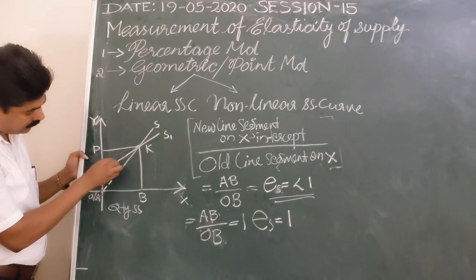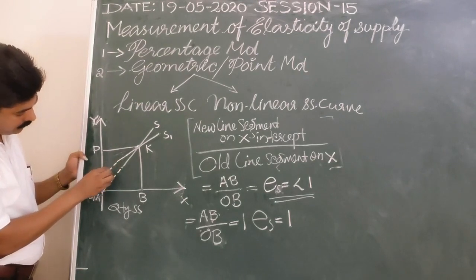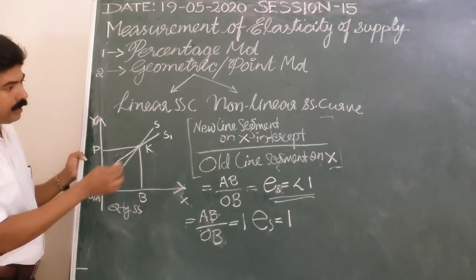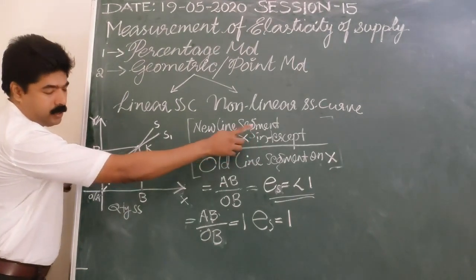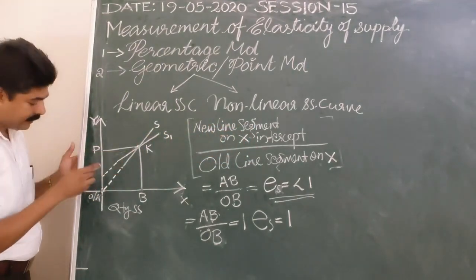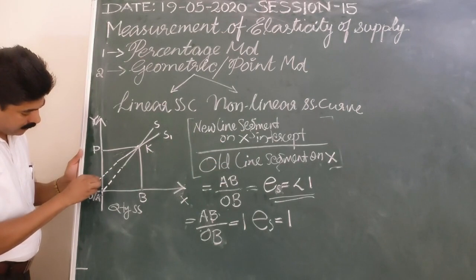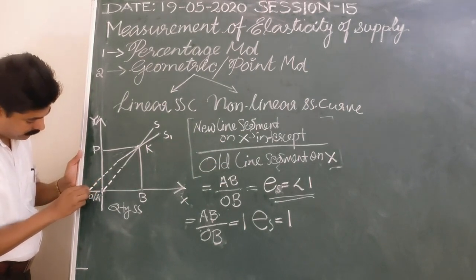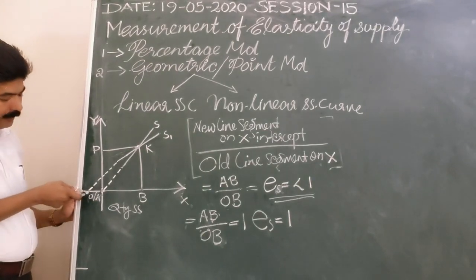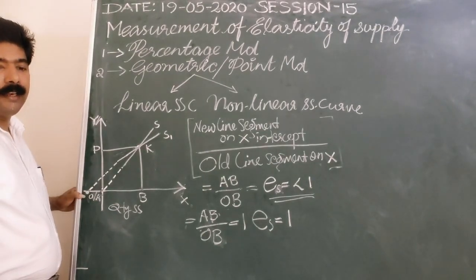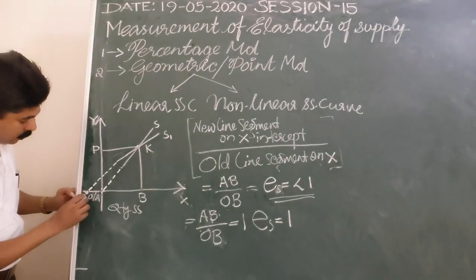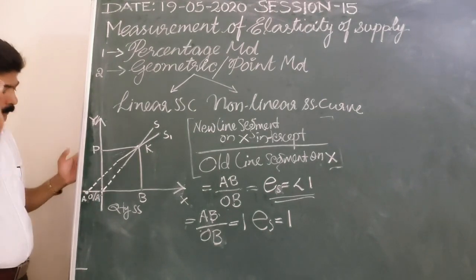So I am extending this S1 curve and it crosses the y-axis, then goes and reaches here. Its point is coming here at the opposite side of the x-axis, and I have given there also a point A.